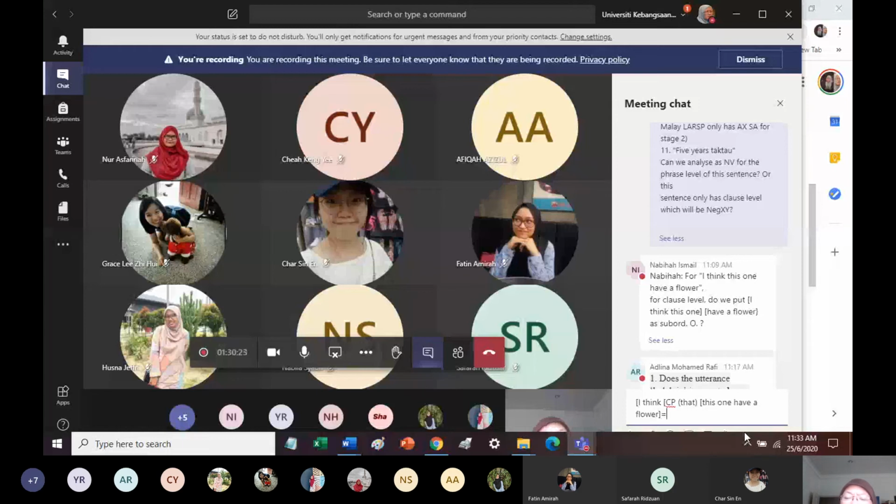Sorry. Another bracket. So if you see Nabiha, from the bracket that I have, this is a sentence. I put an S here. Jadi kalau ada yang kita boleh letak font kat bawah tu, I will put the S bawah sikit lah to say that it is a boundary of the sentence. So actually this is embedded, is a complex sentence because dia ada the matrix verb, which is I think, and then the think takes on a CP, that this one have a flower.